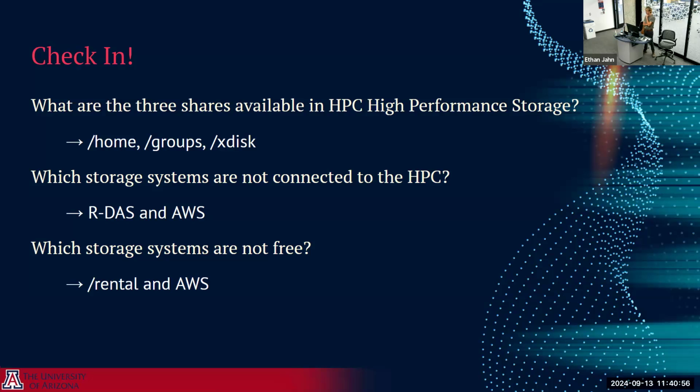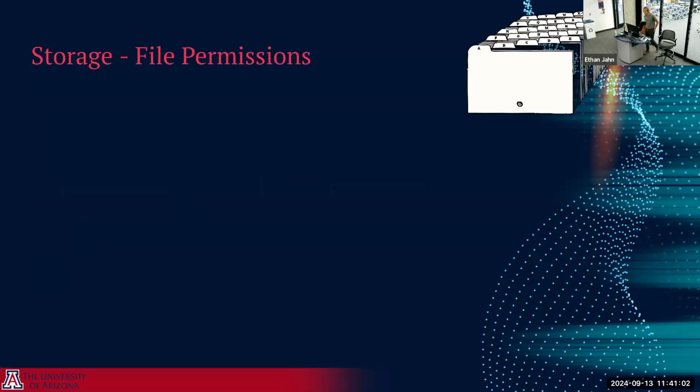Okay, any other questions before we move on? Okay. So let's talk about file permissions, because this is a big topic when it comes to accessing and managing your files on any type of shared system, including the HPC. So all computer systems have some form of permissions, whether you're aware of them or not.